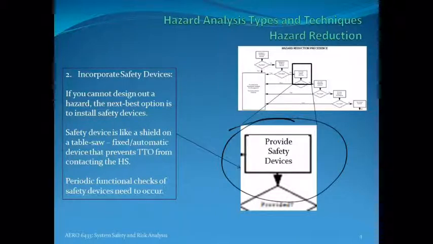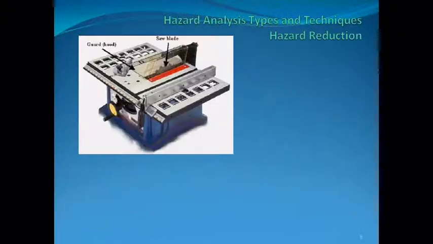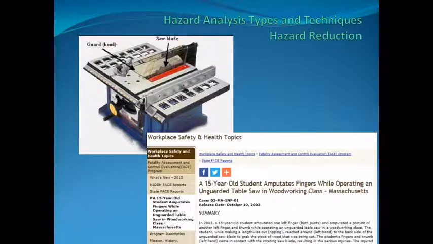What you're doing by putting up safety devices is blocking the IM component of the hazard, blocking the initiating mechanism of the hazard. It's like a shield on a table saw, for example. We're also relying that the human does not remove the shield and expose themselves to tragedy.